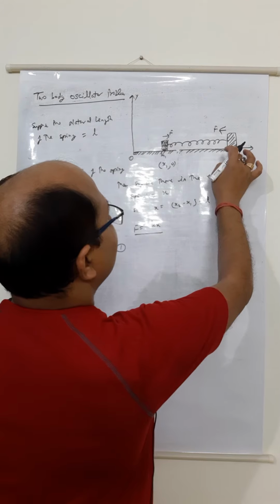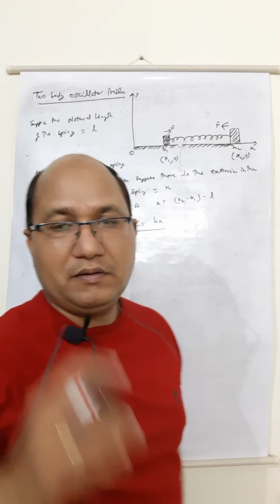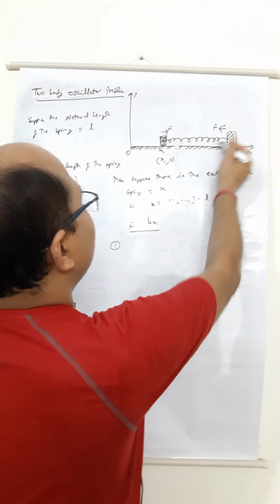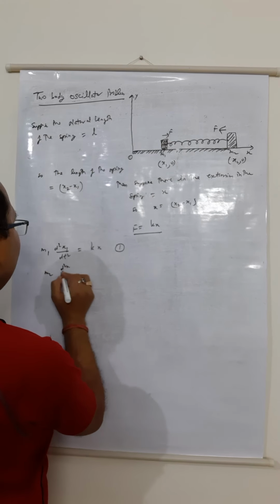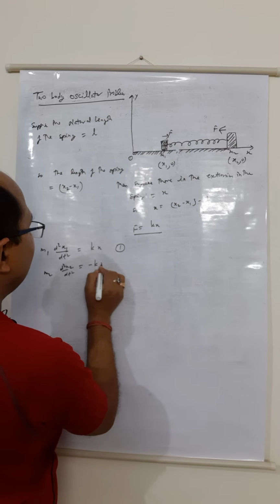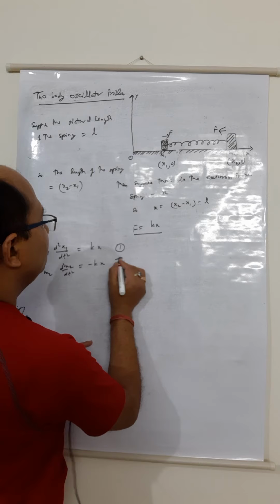For this block, the force is in the positive direction, so the equation of motion is m1 d2x1 upon dt2 equals kx. For the other block, the force is opposite, in the negative direction, so m2 d2x2 upon dt2 is equal to minus kx. This is the second equation.